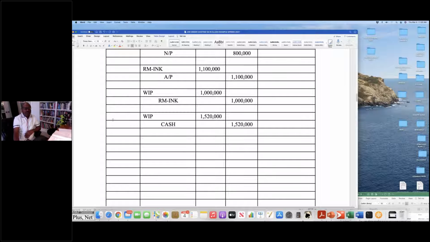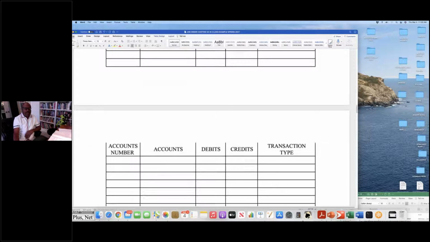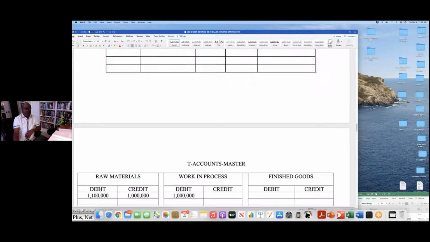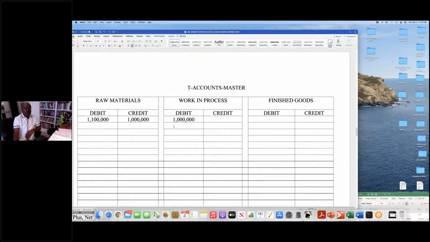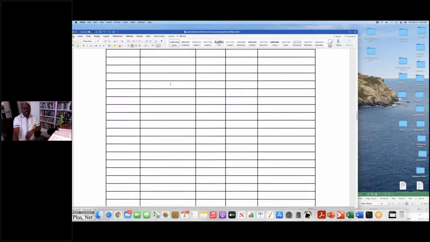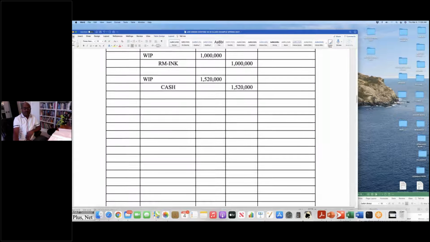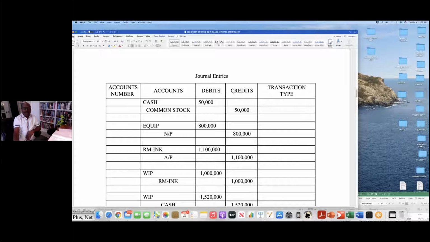Okay, and we're going to post this entry also. You're debiting 1,520,000 for work in process. Correct. For cash, it'll be the same for credit. Yeah, but I'm only doing my manufacturing accounts. All right.